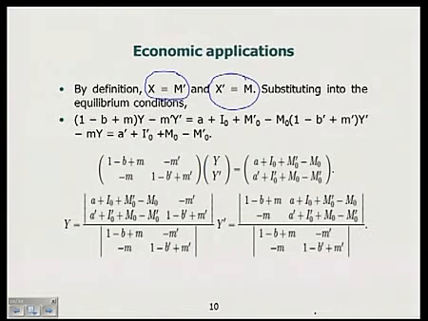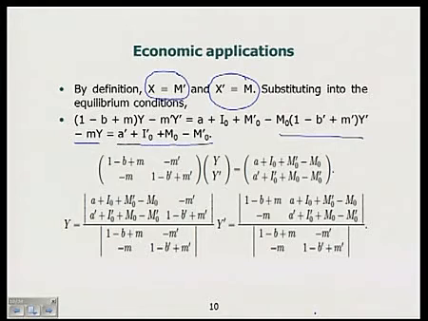This is a function. Then (1 minus B prime plus M prime) times Y prime minus this element equals this one. And then we want to build a simple matrix.